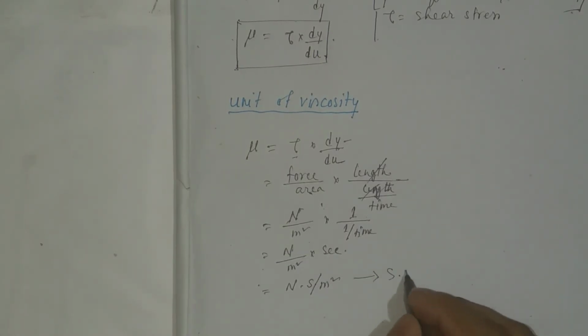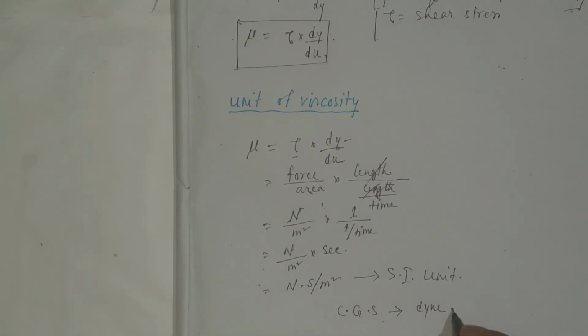This is the SI unit, and in C.G.S this is dyne second per centimeter square, which is also known as poise.